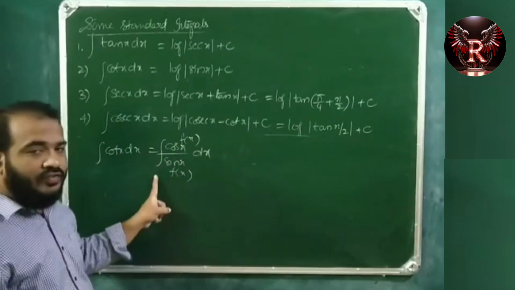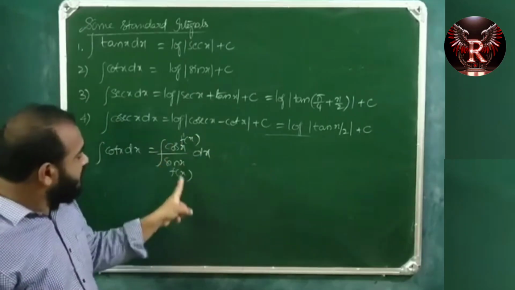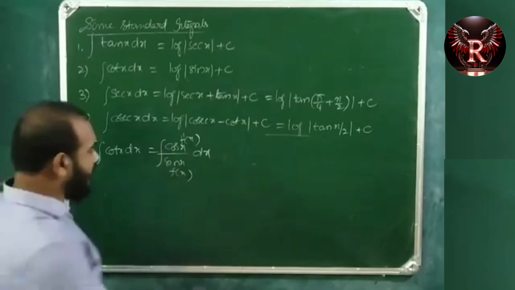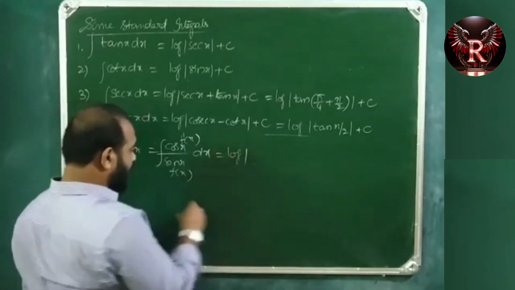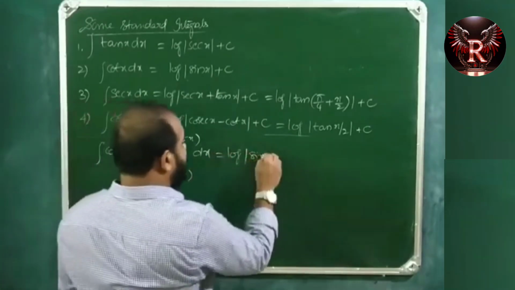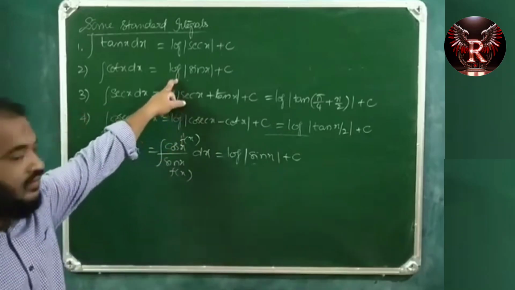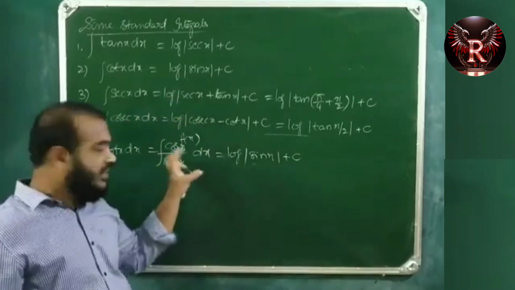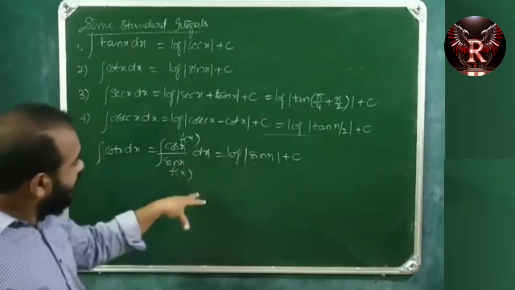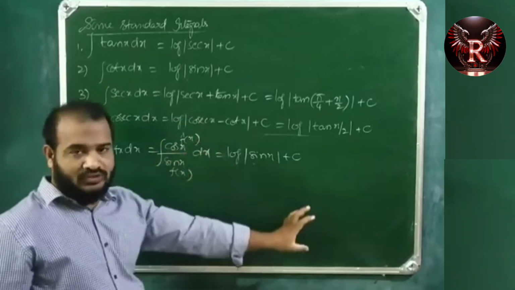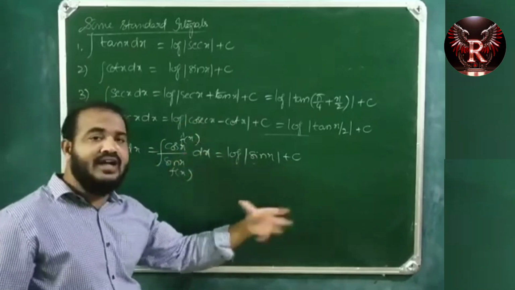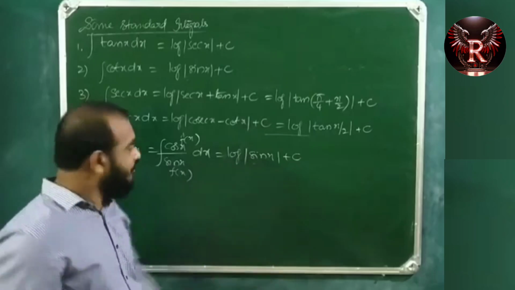It is directly of the form integral f dash x by f of x dx, which is log mod f of x. So what is f of x here? Log mod sin x plus c. So this is the result. Using the result of f dash x by f of x dx, the steps will be reduced and we can directly evaluate the integrals.